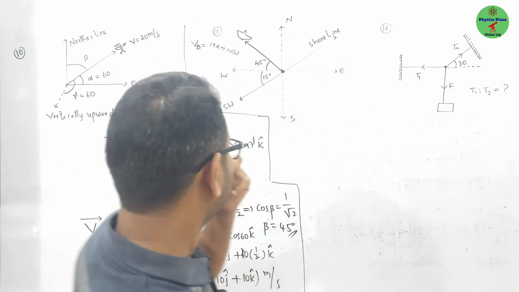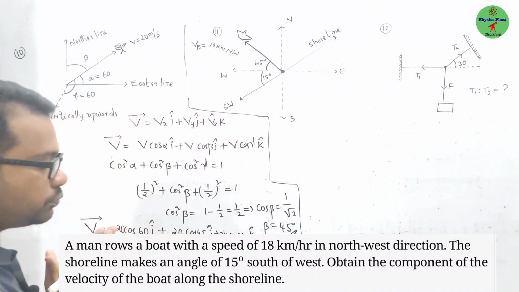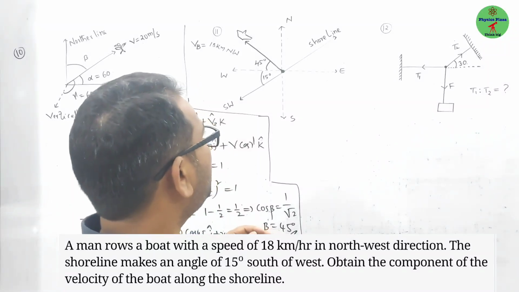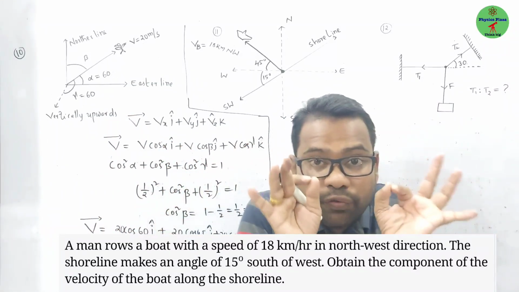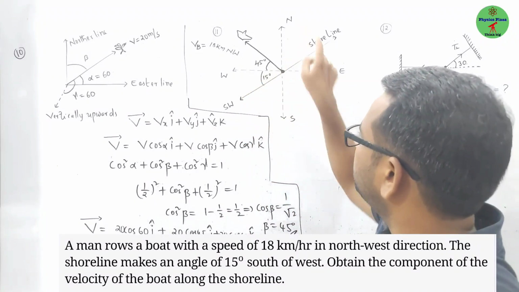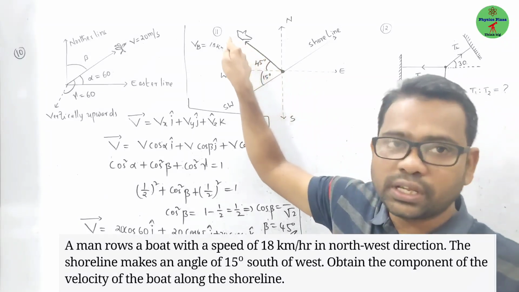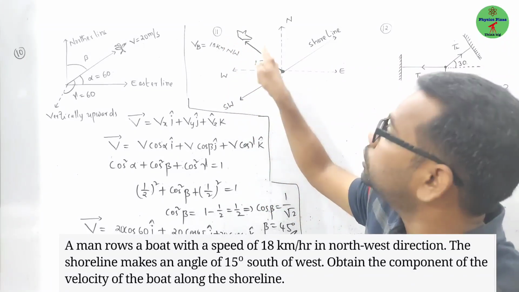Okay, fine. Chalo. So as per the numerical, children, it is given that one boat is moving with 18 km per hour along the northwest. First you make east, west, north, south. So northwest means this only. It makes 45 degrees with west, 45 degrees with the north.